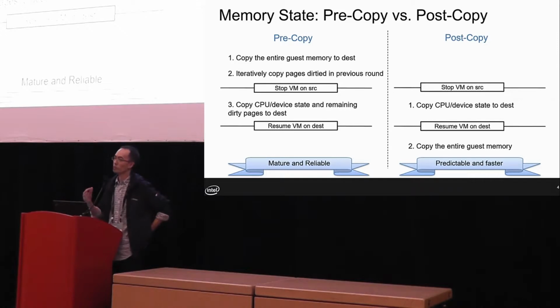So it is more challenging to recover from a migration failure. On the other hand, post-copy is more predictable and also faster, because for every guest memory page you only need to copy once. You don't need iterative dirty page tracking. That's the main difference between these two models.